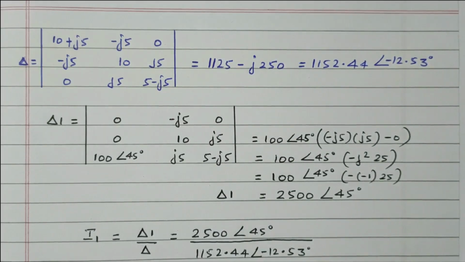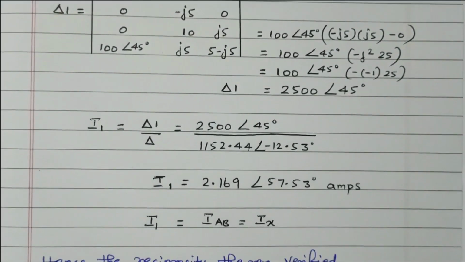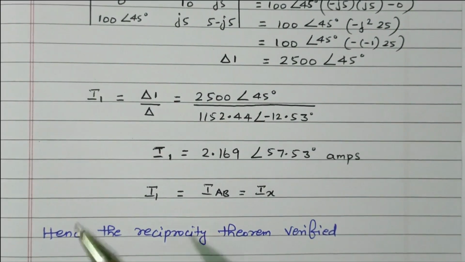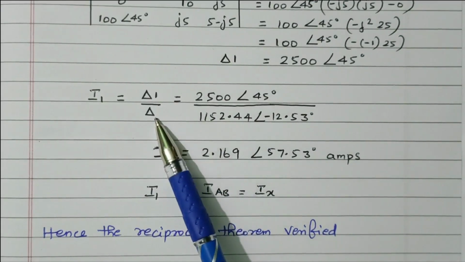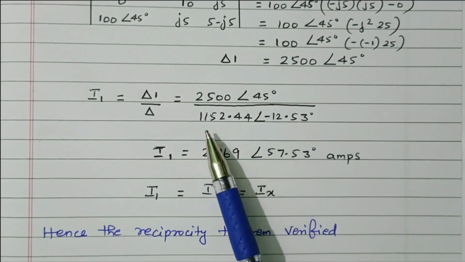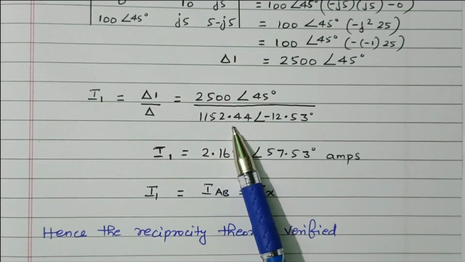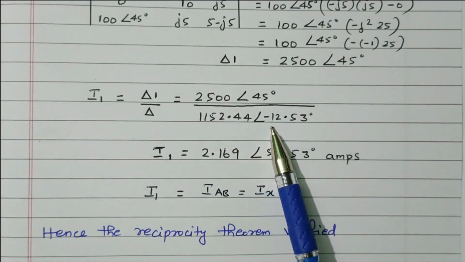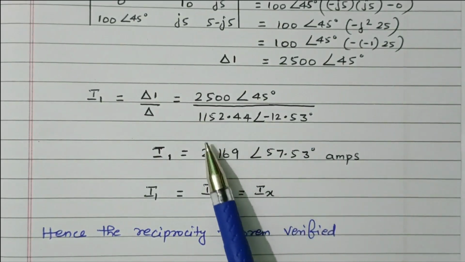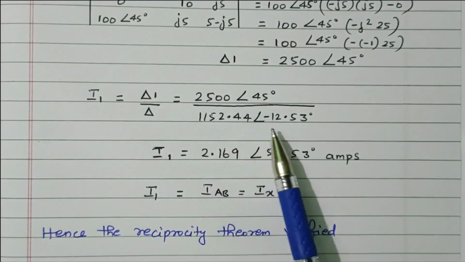Now we will find the I1 current. That should be equal to the current we calculated in step 1. So delta 1 divided by delta: 2500 with an angle of 45 degrees, divided by 1152.44 with an angle of minus 12.53. See, both are available in polar form, magnitude and angle.